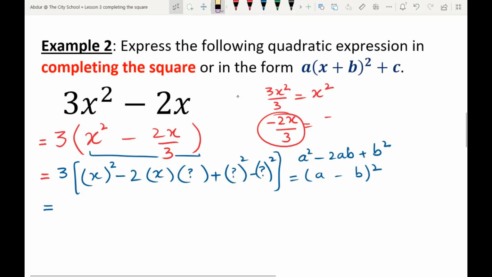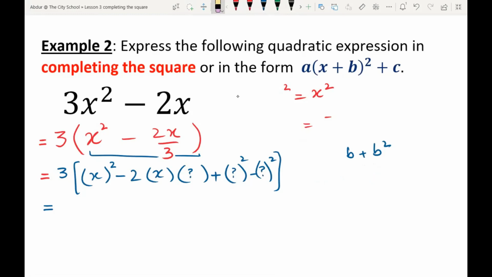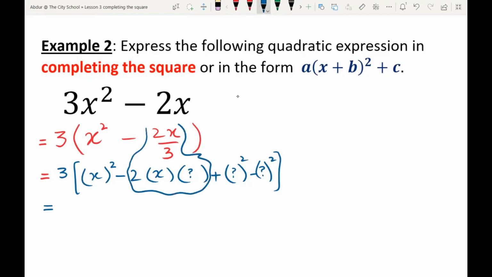How to find b? To find b, you have to compare this second term 2x over 3 with 2x question mark the second term. We have to compare or equate. By comparing or equating, second term is 2x over 3, by comparing with 2 times x times question mark.